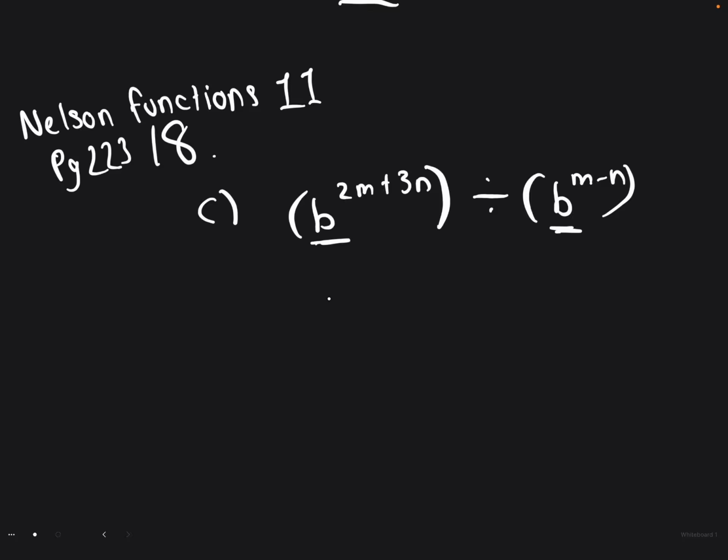So this becomes b to the power of (2m plus 3n) minus (m minus n). This becomes 2m plus 3n minus m plus n.